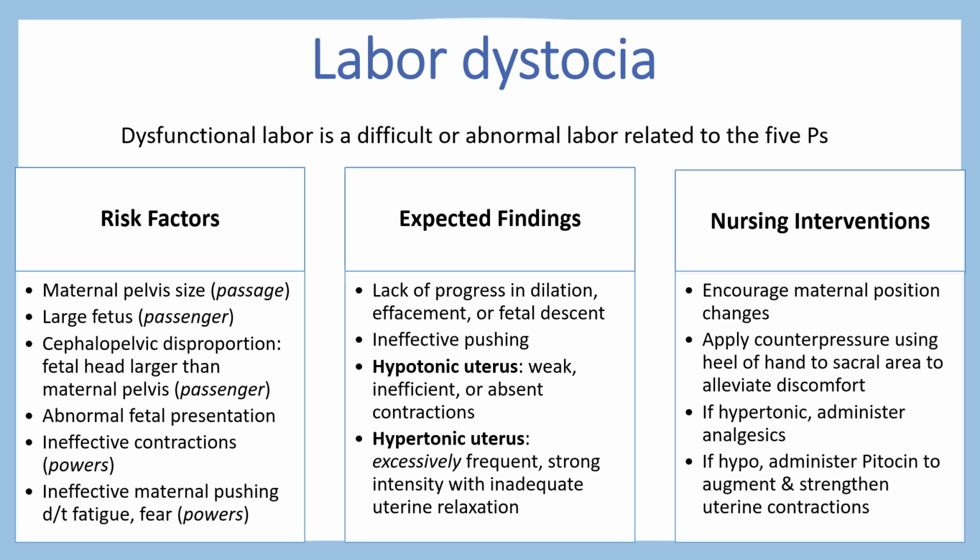If the uterus is hypertonic, then the nurse can administer ordered analgesics to help with the client's pain and medications like terbutaline to slow uterine contractions. For a hypotonic uterus, the nurse can administer Pitocin IV to augment and strengthen the uterine contractions.